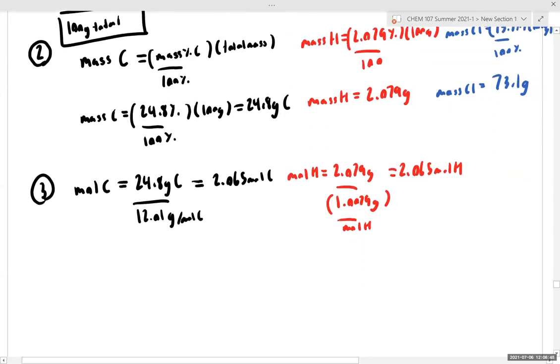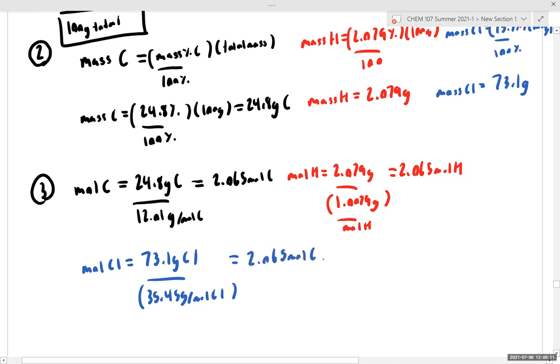Now let's do the same process to calculate the moles of chlorine. We have 73.1 grams of chlorine over 35.45 gram per mole chlorine. That in turn gives us 2.065 moles of chlorine.